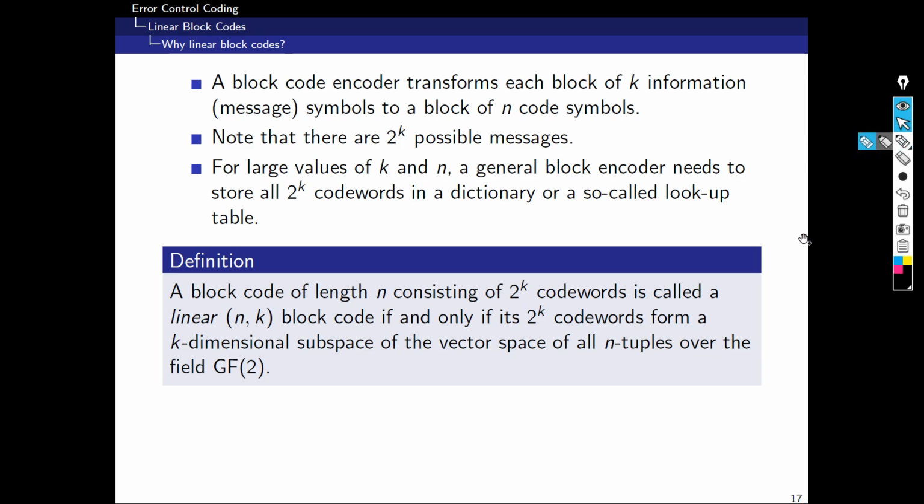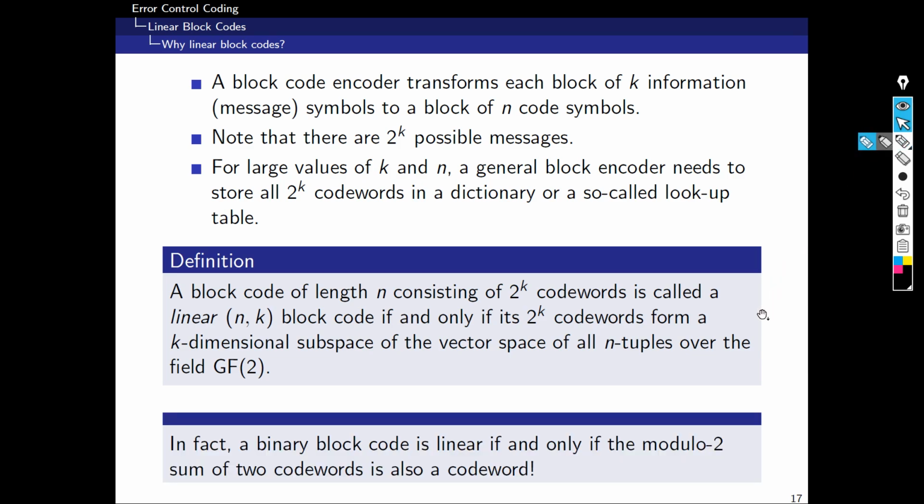Now, a binary block code is linear if and only if the modulo-2 sum of 2 code words is also a code word. So if someone comes and asks whether this block code is linear or not, you tell them, give me all the code words you have, and suppose I get 2 of them.